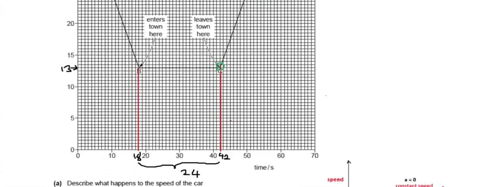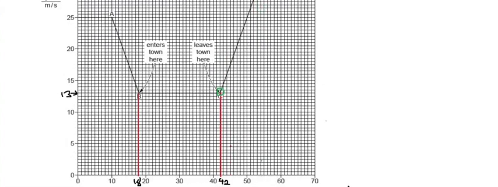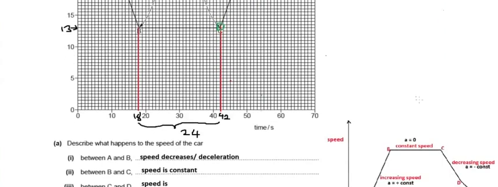So the final velocity corresponding to point D is 31, initial velocity is 13. Here the initial time is 42, and the final time with respect to point D is about this point, which is equal to 54.